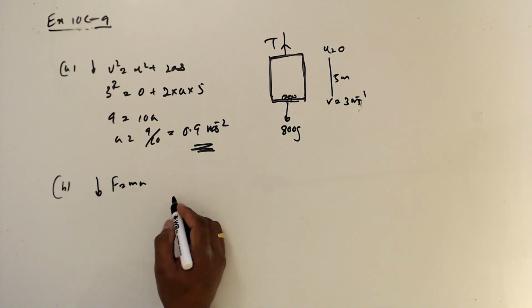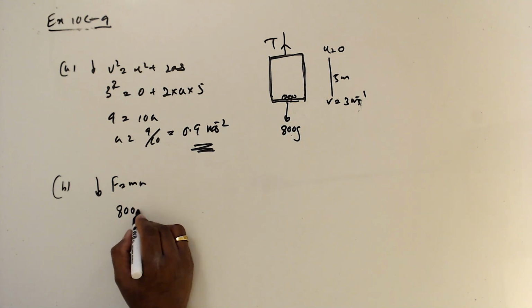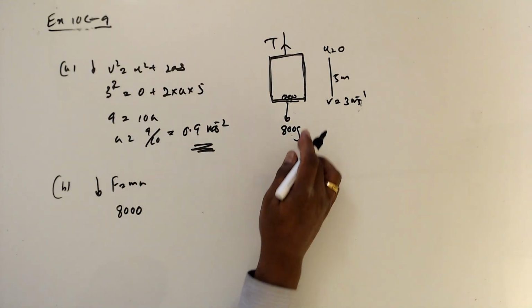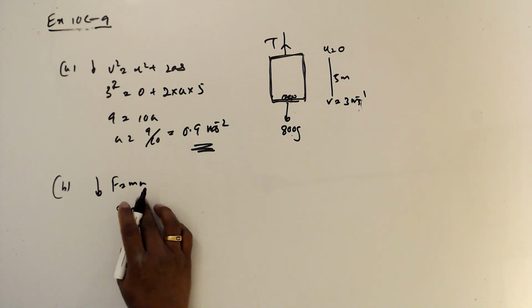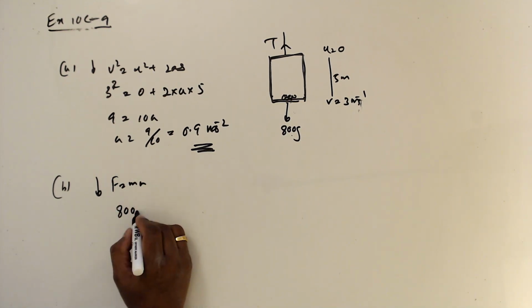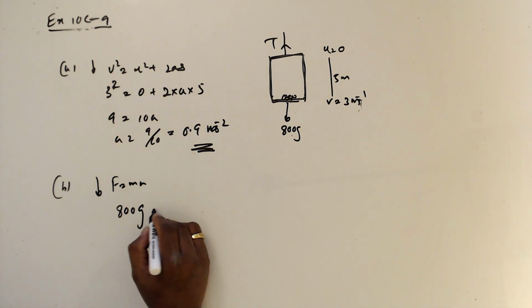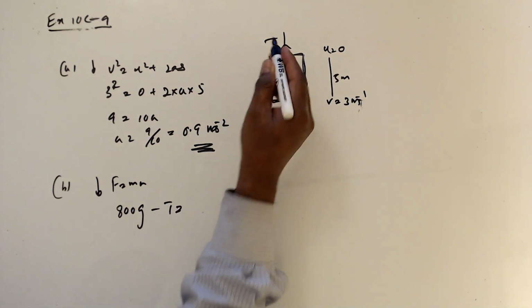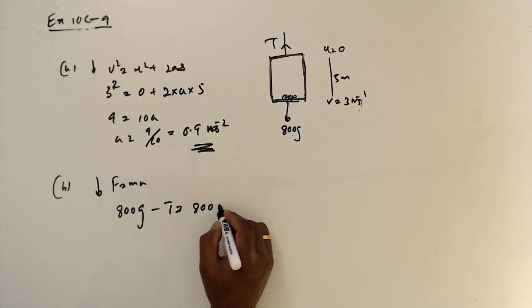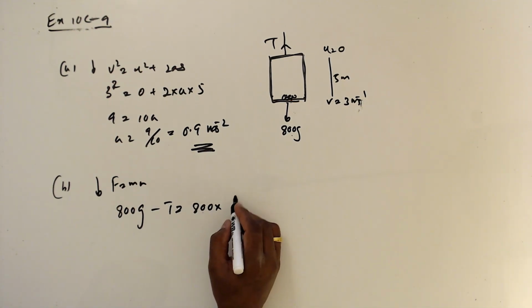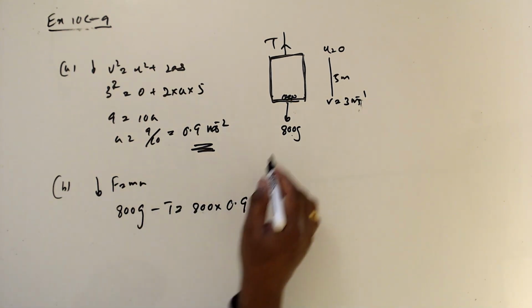Then F is going to be 800G minus T. M is 800 times A, we found out that is 0.9 in this direction.